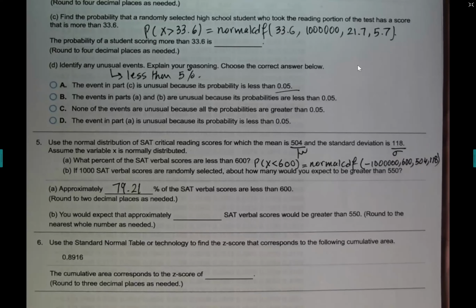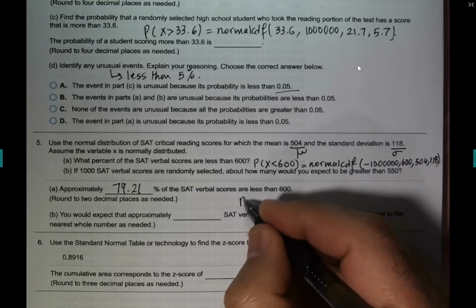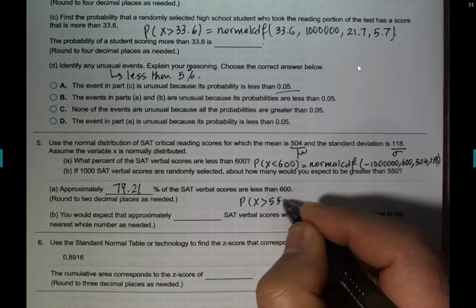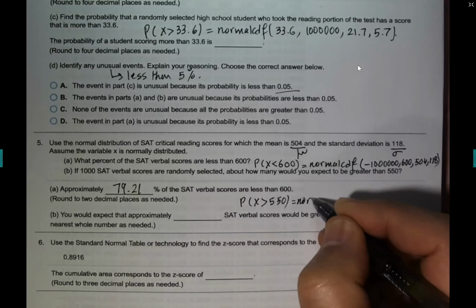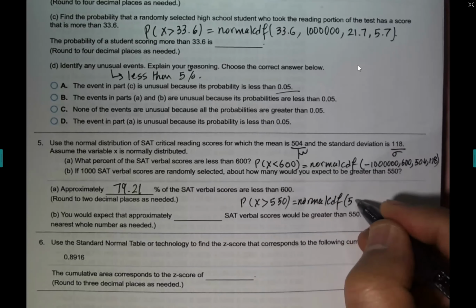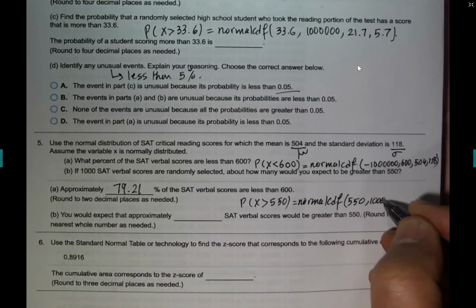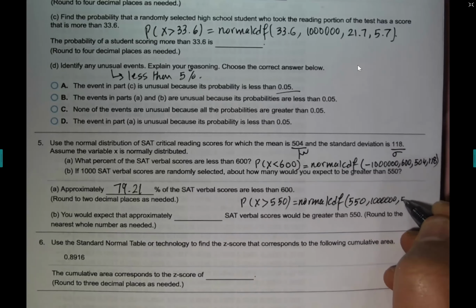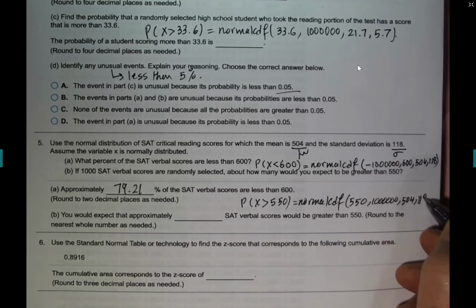Okay, B. If 1,000 SAT verbal scores are randomly selected, how many would you expect to be greater than 550? So we need to figure out what's the probability of X greater than 550 first. And that would be normal CDF, 550, 1 million, 504, 118.